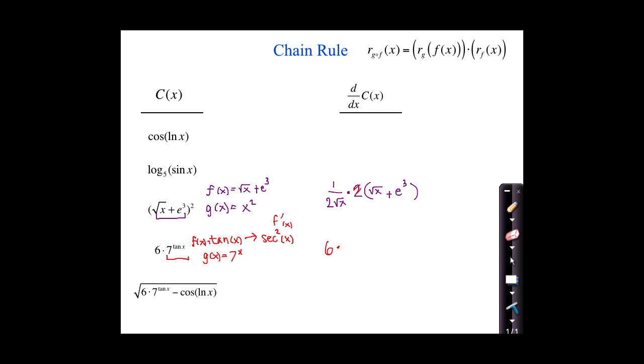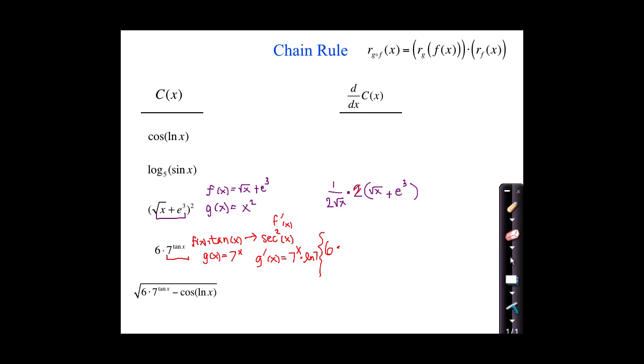It's not quite as easy as e to the x, but it's 7 to the x times a constant factor, natural log of 7. So the derivative of the outer function, g of x, is 7 to the x natural log of 7.